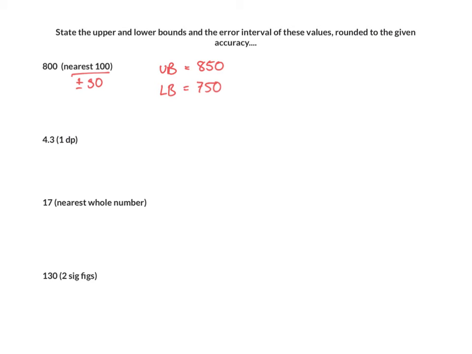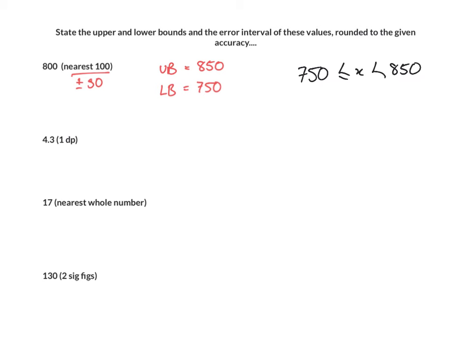We go 50 more than 800 and 50 less than 800. And if we want to write that as an inequality, we'll say that 750 is less than or equal to our value, which is strictly less than 850.